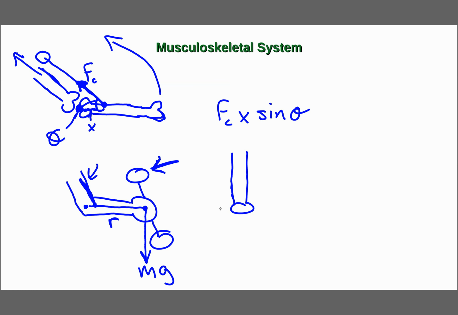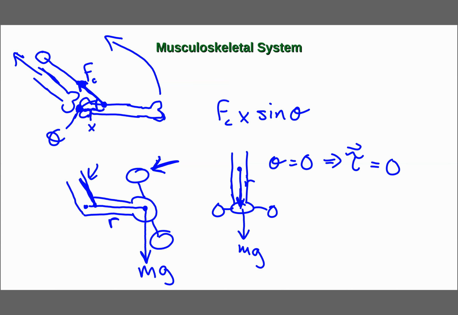is my arm and the weight is in my hand hanging straight down, then the torque applied by the weight on my elbow, say the axis of rotation for my elbow is here, is 0, right? Because the weight is now pulling straight down like this, mg, and the angle between r, pointing this way, and mg is 0, okay? So theta equals 0, therefore, the torque from this weight equals 0, okay?